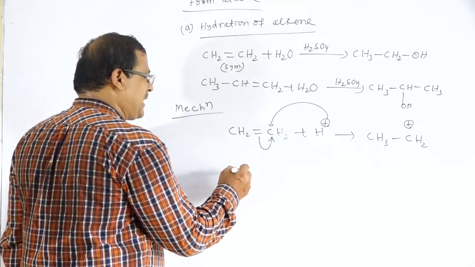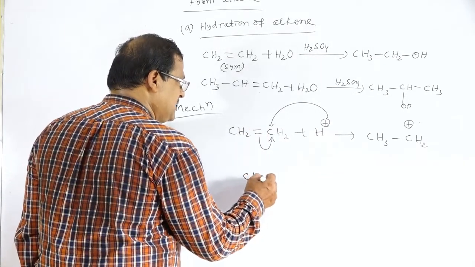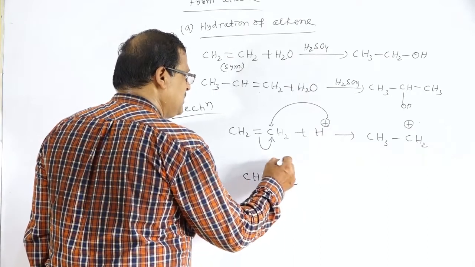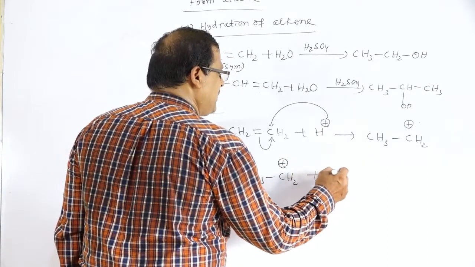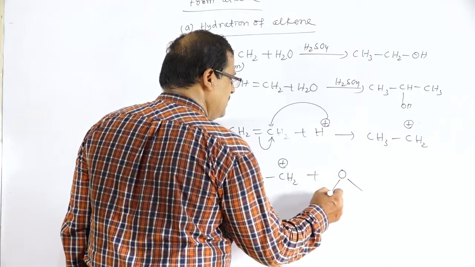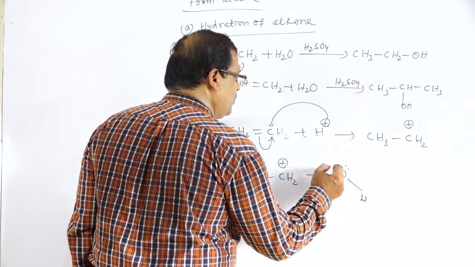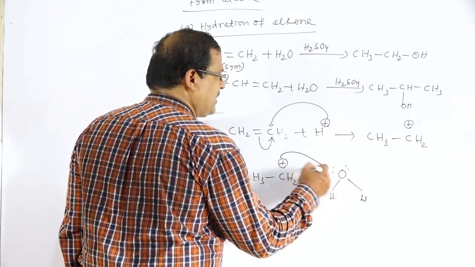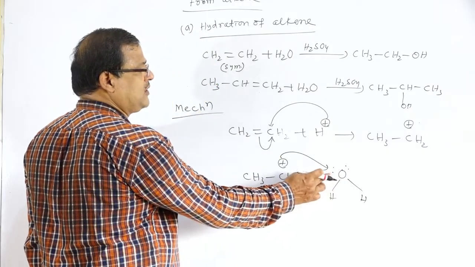The carbocation so formed, CH3 CH2 plus, is attacked by water, H2O, which contains a lone pair of electrons, an electron-rich center.